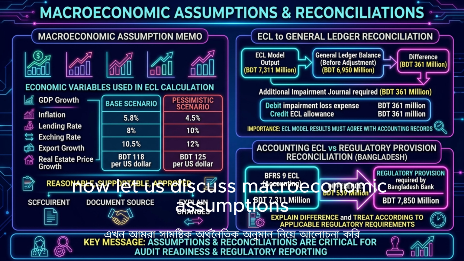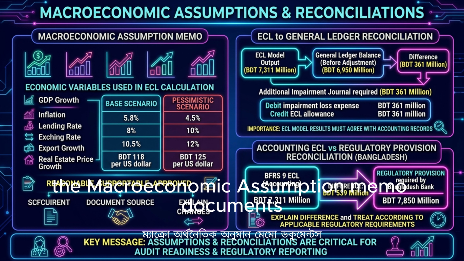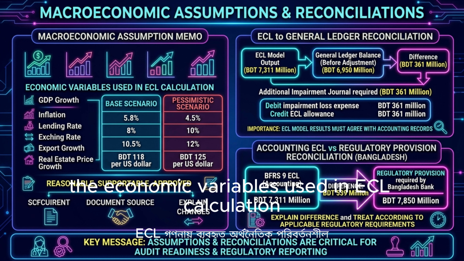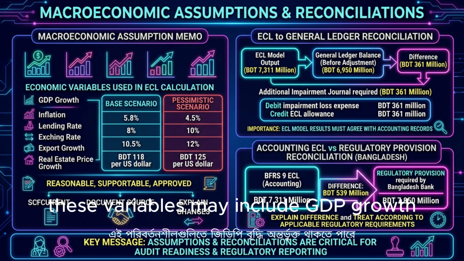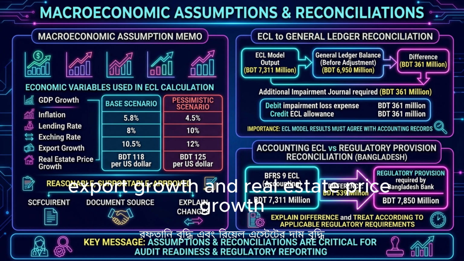Now let us discuss macroeconomic assumptions and reconciliation templates. The macroeconomic assumption memo documents the economic variables used in ECL calculation. These variables may include GDP growth, inflation, lending rate, exchange rate, export growth, and real estate price growth.